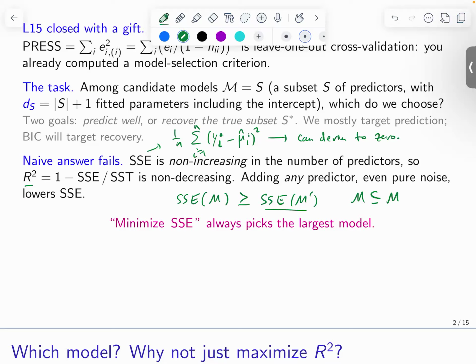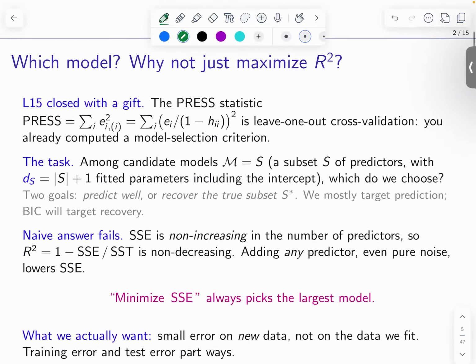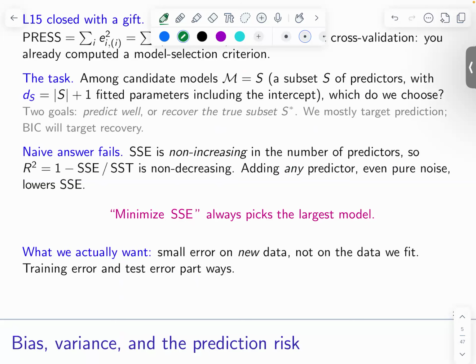The larger the model, the smaller the SSE gets. So if you use it as a model selection criteria, you always pick the largest model. You always are going to include all the Q variables that I mentioned. So this is not good, and by the end of this lecture, hopefully you have a better understanding of what is wrong with this.